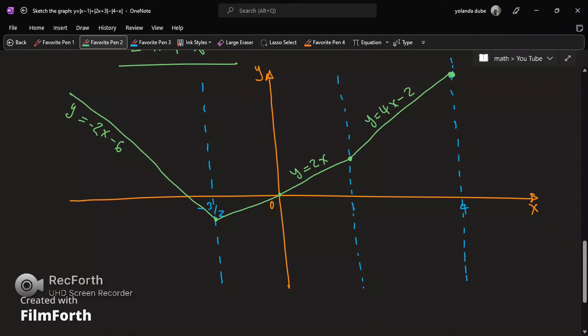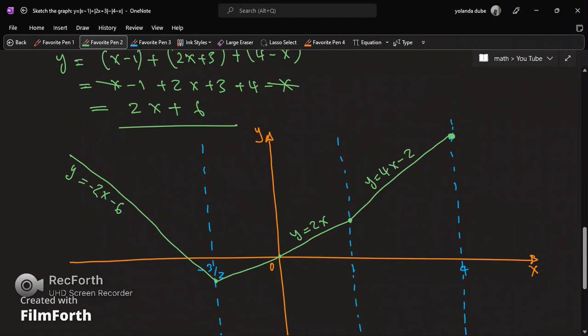Then finally we have this function 2x plus 6, which is a function with a positive gradient, and it has to cross at y equals 6 somewhere here, and it has to cross at -3, which is also somewhere there.